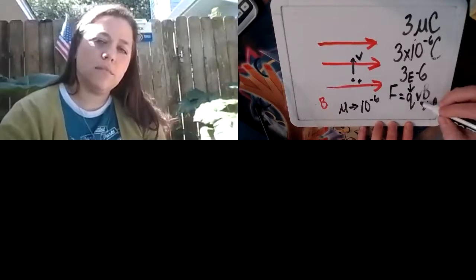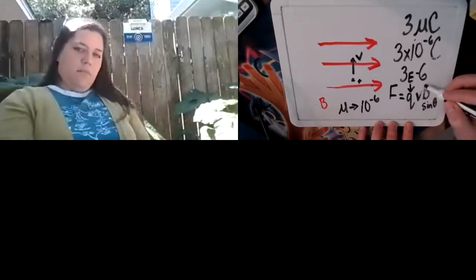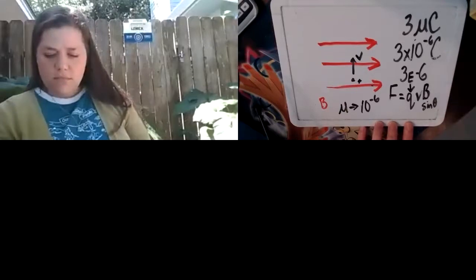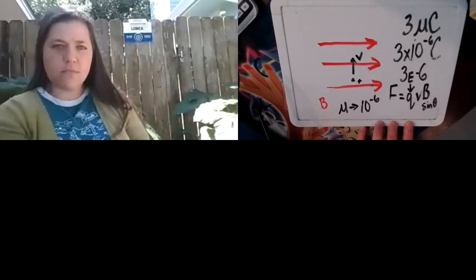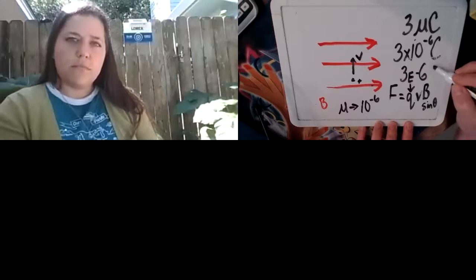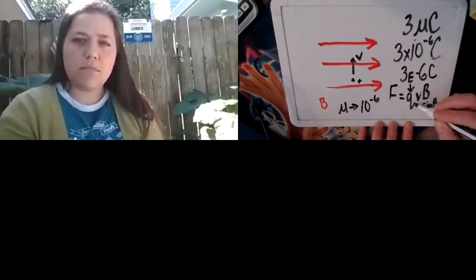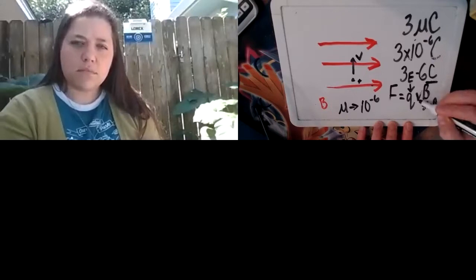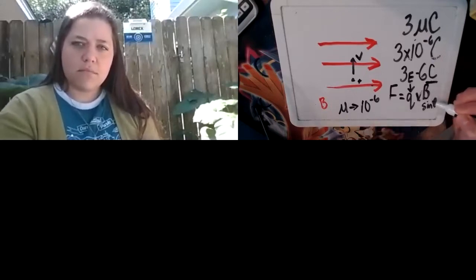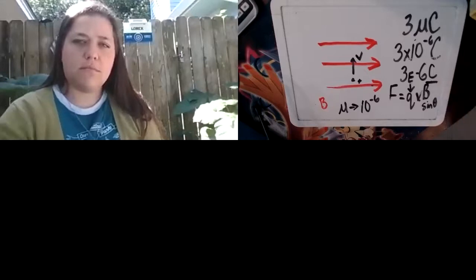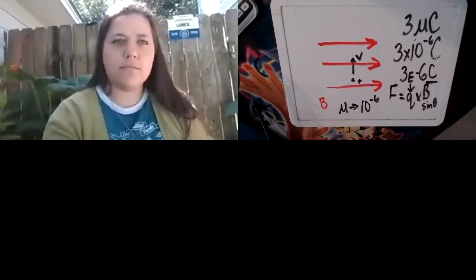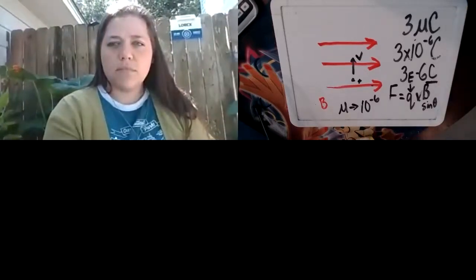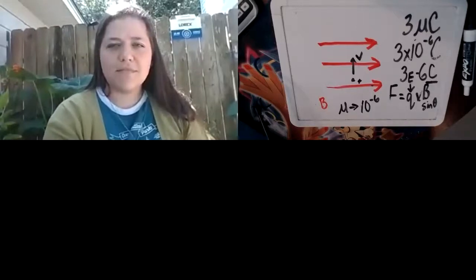The velocity needs to be in meters per second, which I imagine they're probably giving you. But your Q needs to be in SI units, in coulombs. The velocity needs to be in meters per second, and the magnetic field needs to be in Tesla. That's the unit of magnetic field, named after Nikola Tesla, held back by Thomas Edison.